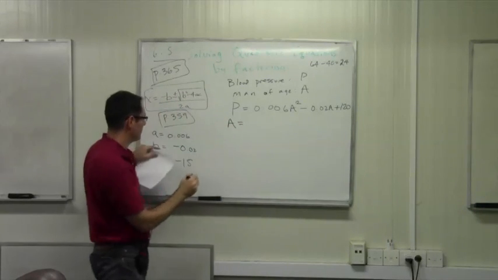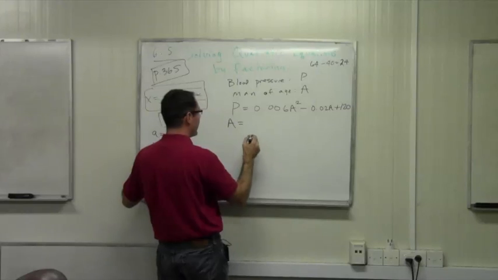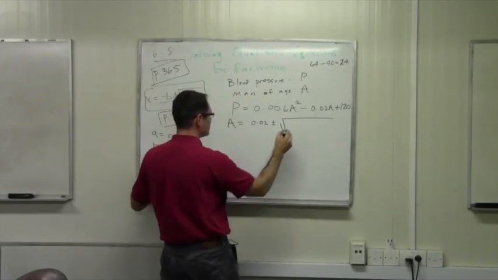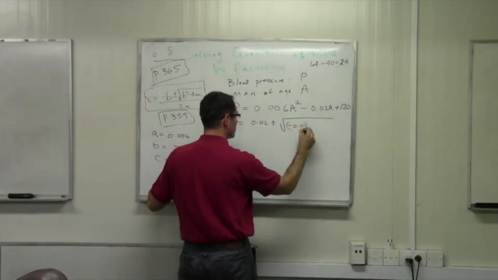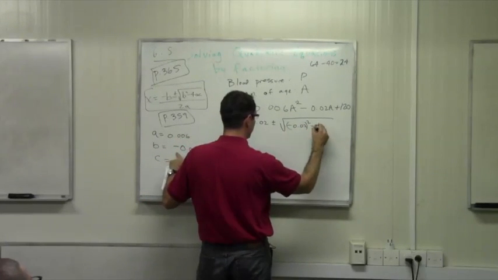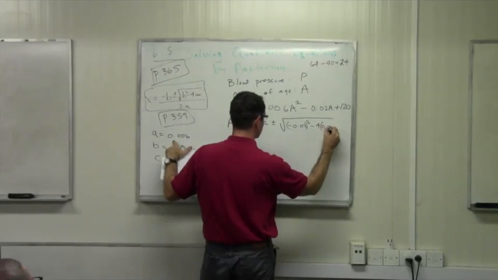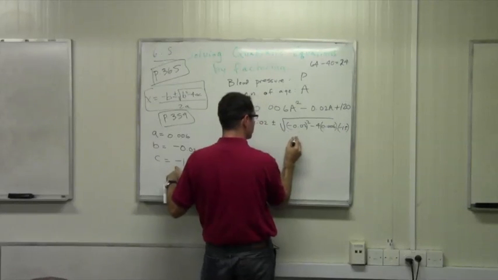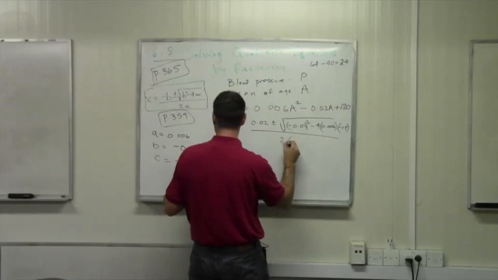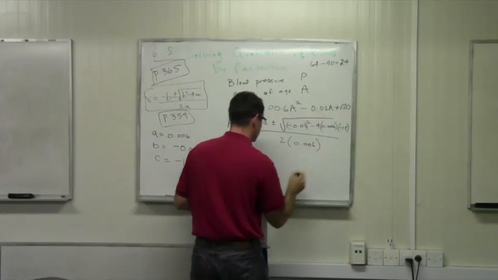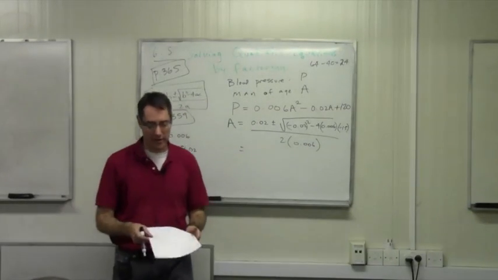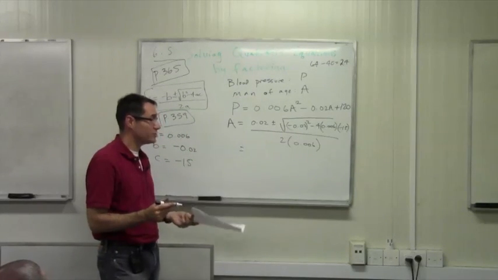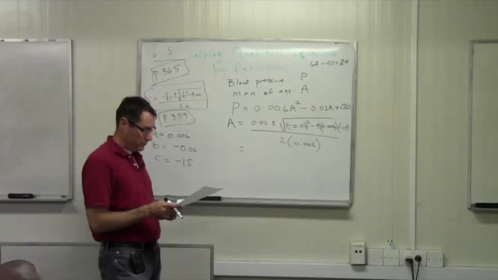A equals negative B, 0.02, plus or minus the square root of B squared, negative 0.02 squared, minus 4 times A, 0.006, times negative 15, divided by 2 times 0.006. This is one where you would need your calculator. It's actually not too bad.